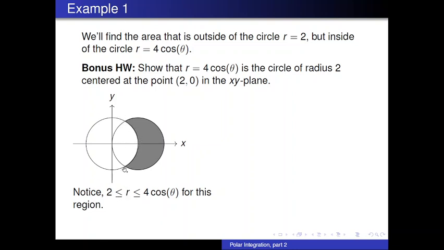So then here it says, notice that in this picture, the lower bound for the radii is 2, right? This circle, r equals 2, gives us the lower bound for the radii. As theta varies from, say, this theta to that one, r goes from 2 out to 4 cosine of theta. Does that make sense?